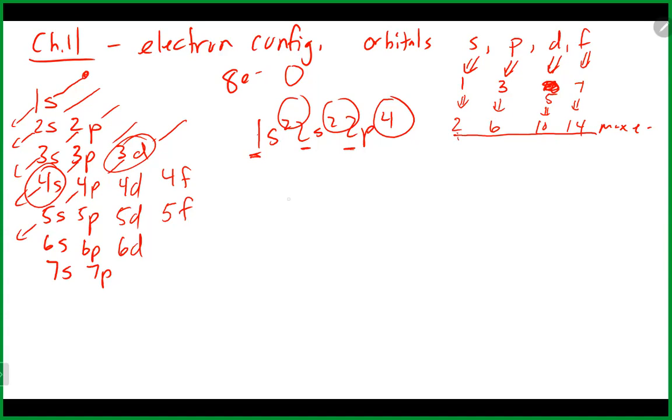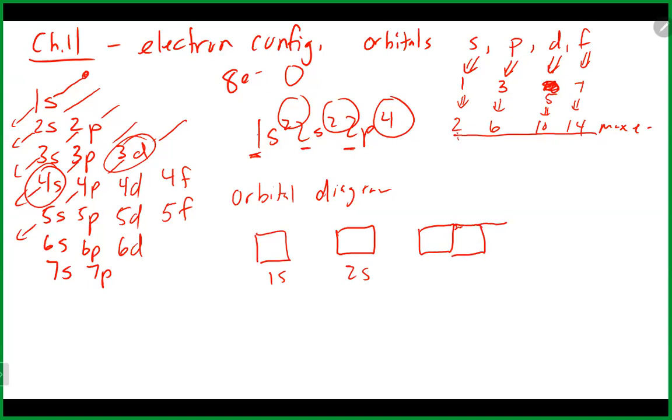We also talked about drawing orbital diagrams, which is another way to represent electron configuration using either boxes or lines to represent the orbitals. So if we were to do our orbital diagram for this one, remember that the first electron in always goes in the upwards position, which means that it has a positive spin. The second one goes in the opposite way, and that's what is referred to as being paired spin.